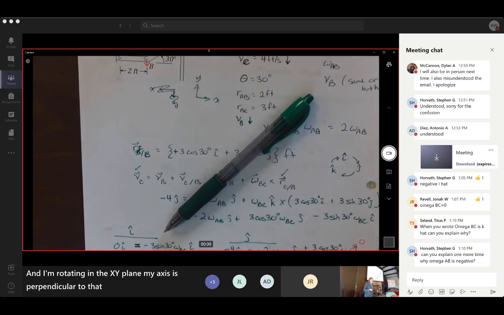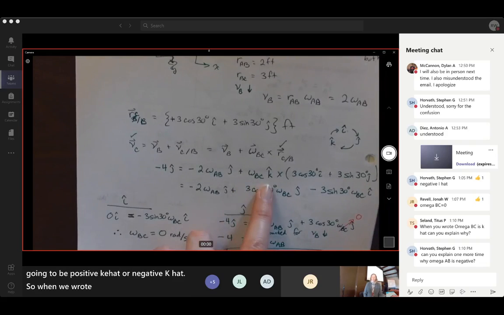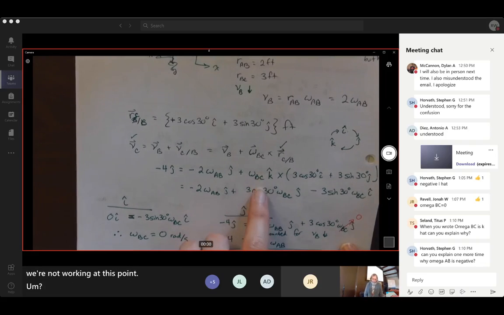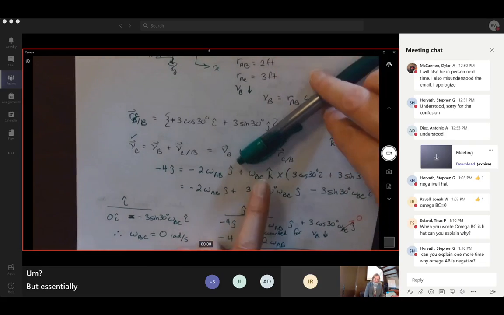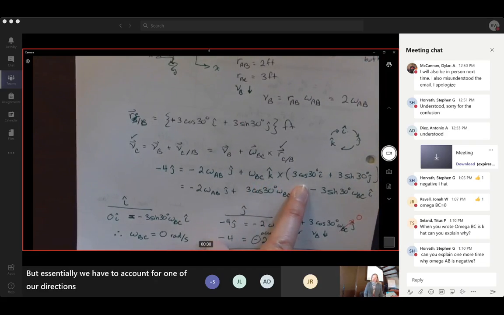And so it's either going to be positive k hat or negative k hat. So when we wrote this one, we didn't necessarily know whether we would rotate clockwise or counterclockwise. It turns out we're not rotating at this point. But essentially, we have to account for one of our directions so that our cross product works.